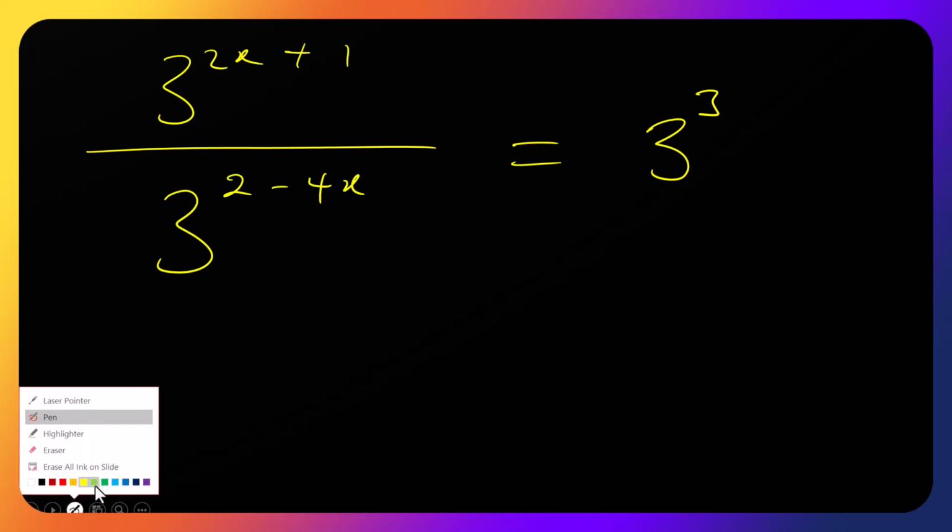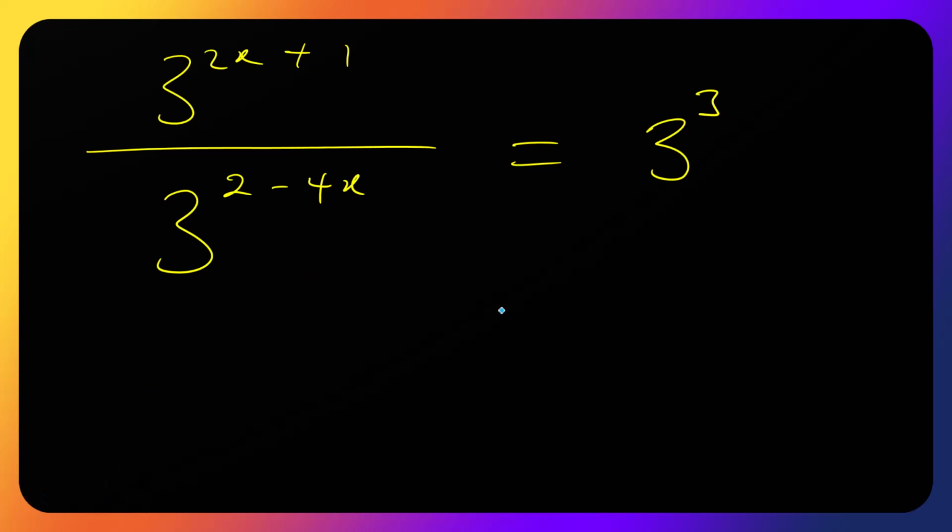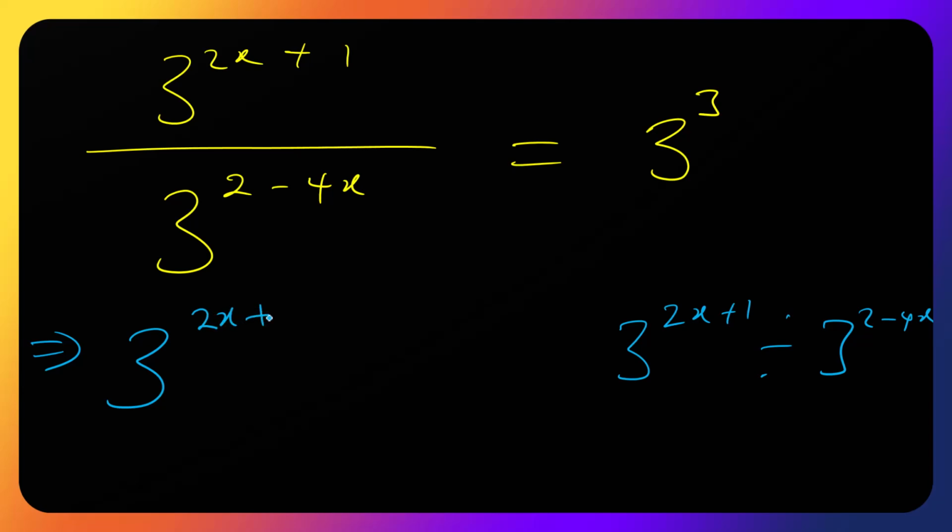Now let's be very careful here. So this one is division. With division, we subtract the powers. So it's the same as this. So let's subtract the powers. So we have 2x plus 1 minus, so 2 minus 4x. Look at how I arrange them.